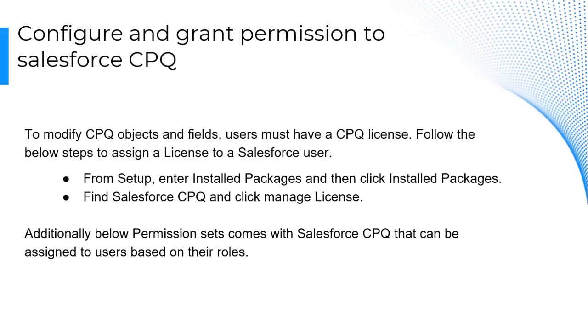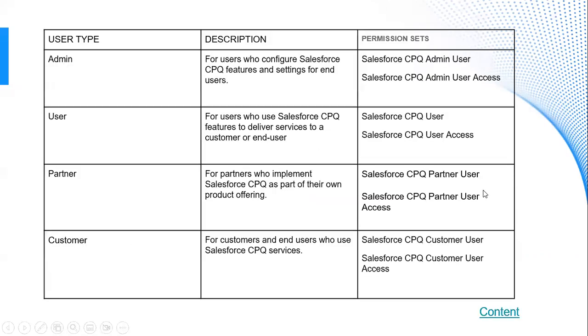After assigning the licenses, we have to assign a permission set to the user. Based on the permission set, the access level on Salesforce CPQ will be defined, like what level of access the user will get. There are 4 types of permission sets: admin permission set, user permission set, partner, and customer.